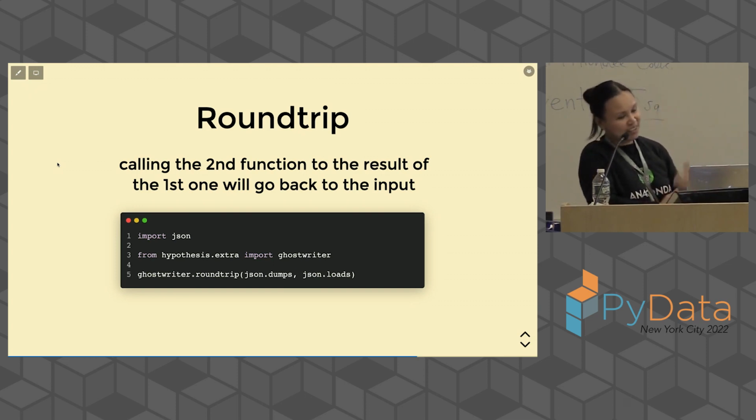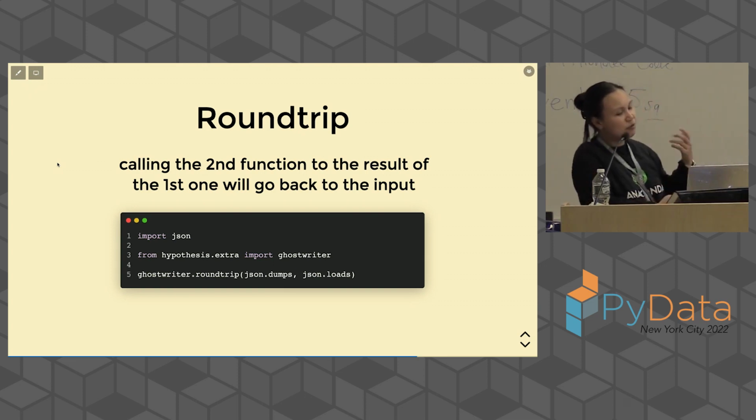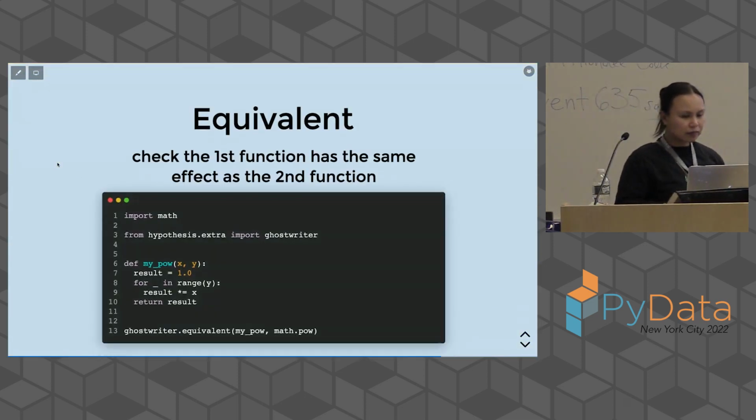I use it a lot because I handle data, so there's lots of JSON coming in and out. Sometimes I write my own functions to switch data from one format to the other, and then going back. So you would write lots of pairs of functions like this. This is super useful when you don't want to write tests for it. You can just generate a test for it.